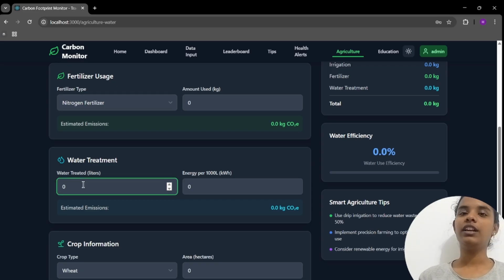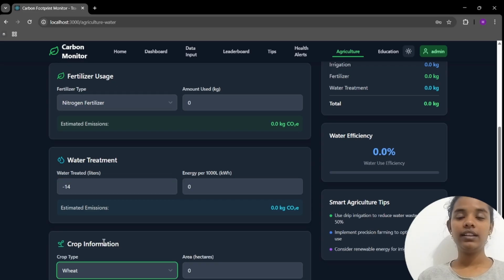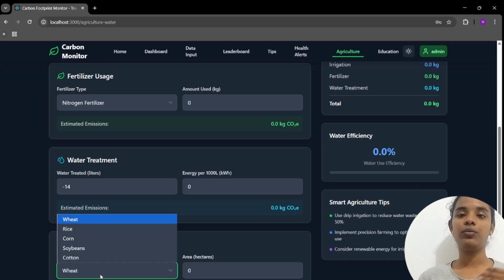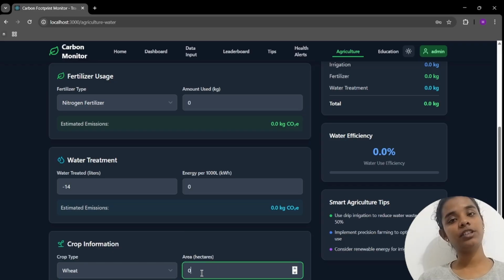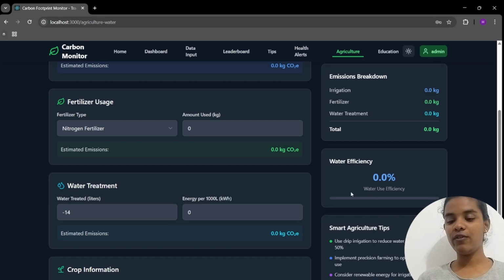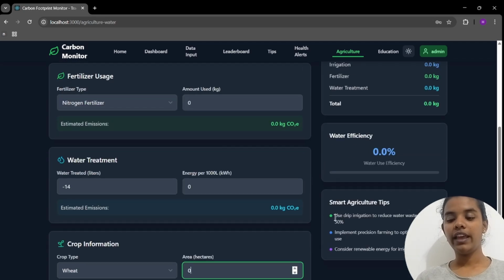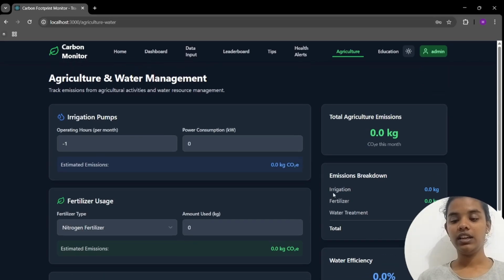Then water treatment, like how much we have treated the crops with water. Then we have crop information, like which crop we are entering this information for and how many hectares the crop covers. Then we have the water efficiency calculator, and general tips for smart agriculture. Then the overall calculation is done and shown here.